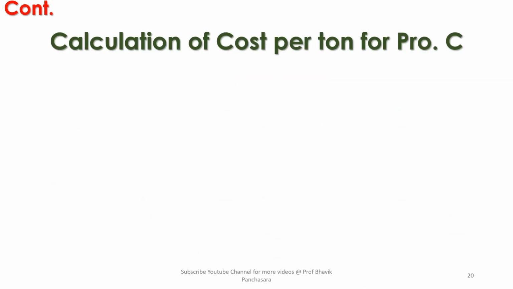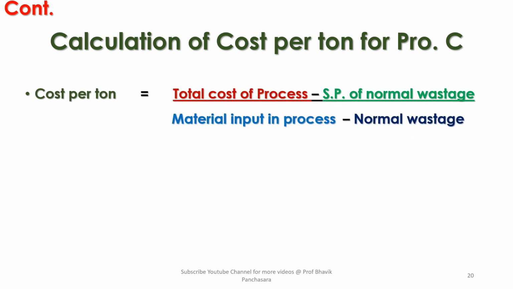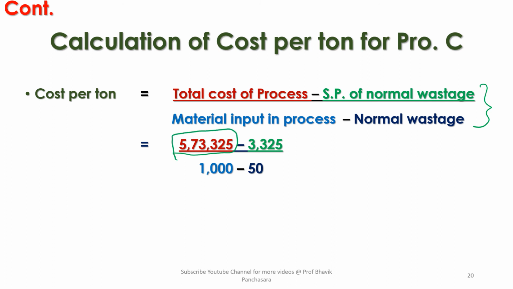Okay friends, to calculate the cost per ton for process C, we will use the same formula that we have used in process A and B. First of all, here we will put total cost of process, that is 5,73,325, from which we will deduct selling price of normal wastage, that is 3,325.